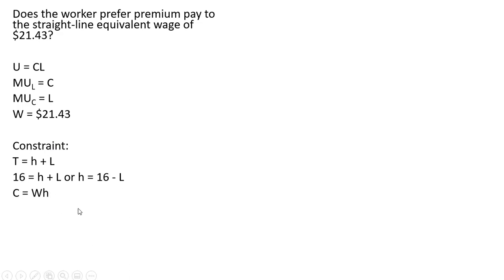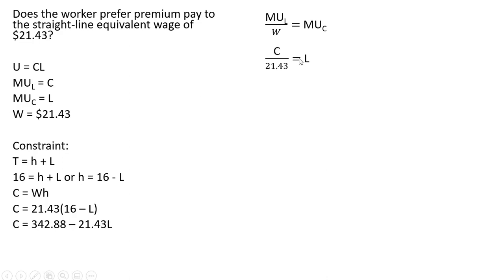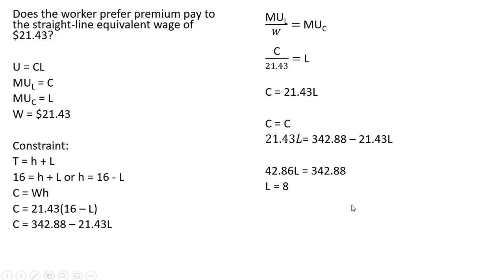So utility function, marginal utilities, the straight line equivalent wage or pay, the constraint, multiplying through, simplifying that up, setting up our utility maximizing condition, plugging in the wage, but this time of 21.43, solving for C, setting our two C equations equal to one another, and now solving for L.